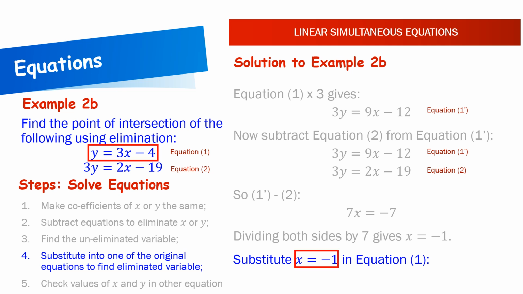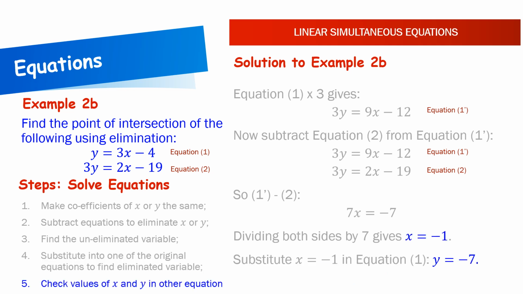So substituting x equals minus 1 in equation 1 gives that y equals 3 times minus 1, the value of x, minus 4, equals minus 7. So we have the two values now. x equals minus 1 and y equals minus 7.